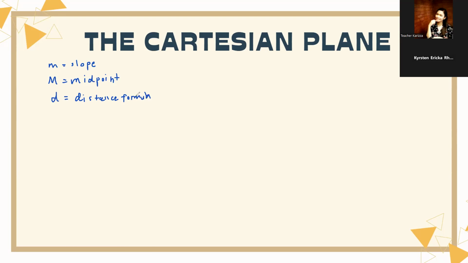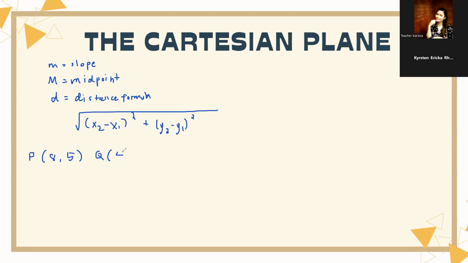So the formula for this one is the square root of x2 minus x1 squared plus y2 minus y1 squared. So earlier we had the points 8, 5, I think. And I'll just make 2 new points.